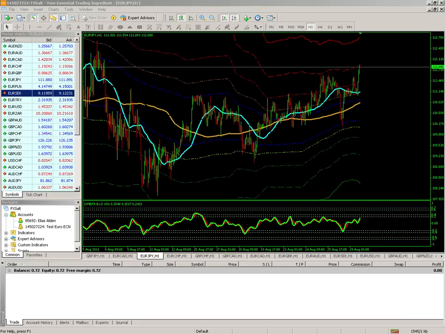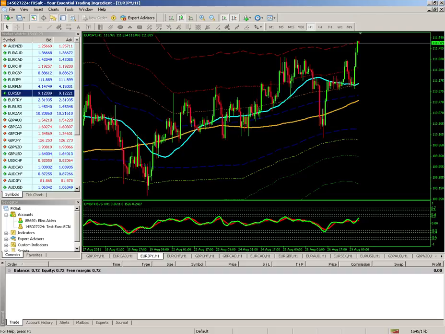Now the third condition, if we zoom in, is that the buyers have to be on top of the sellers if we're going to do a buy trade, for example, or if we're going to do a sell trade, the sellers have to be on top of the buyers.